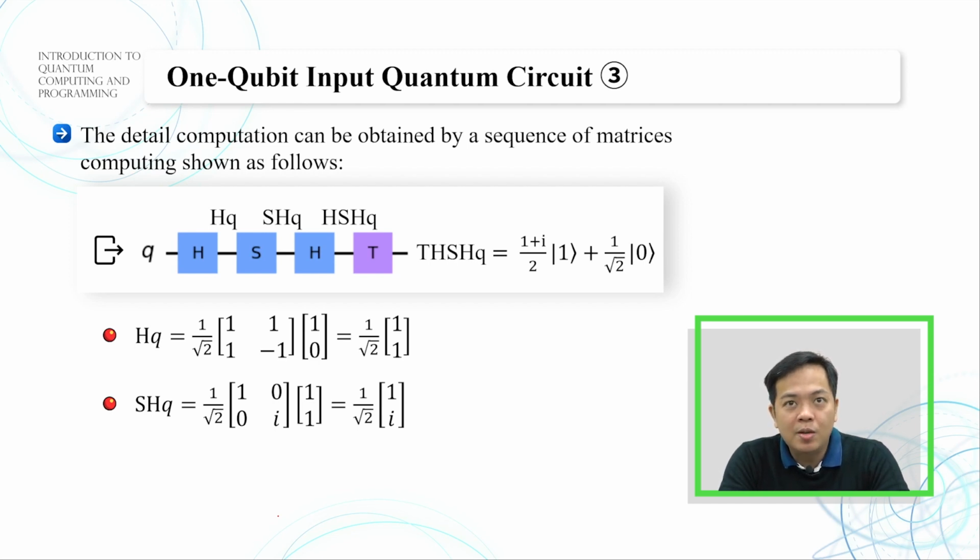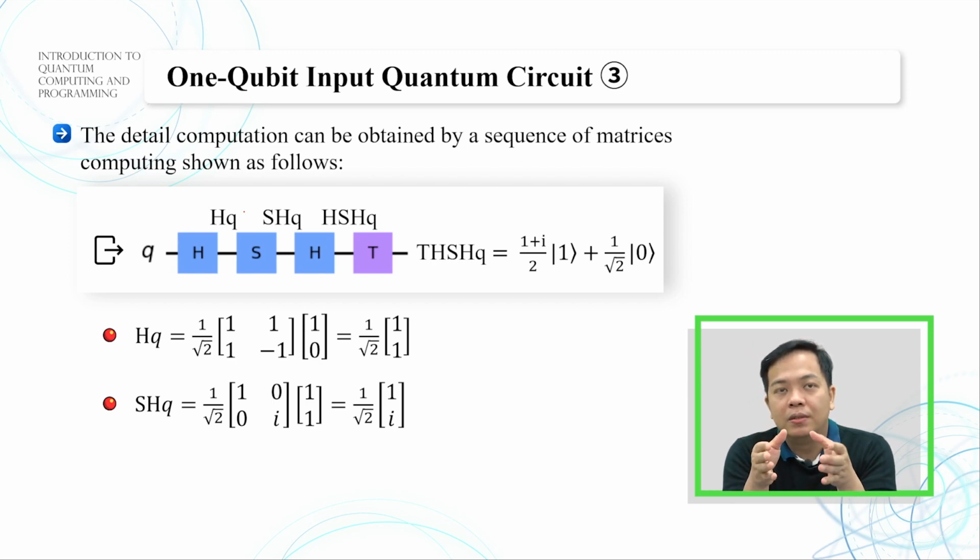Actually, this is one of the most important things in this part. You try to remember the order. Okay, the order. I repeat again: the order is very important. In this slide, we have 4 gates, right? H, S, H, T. So for the calculation or computation, we have the input Q, right?